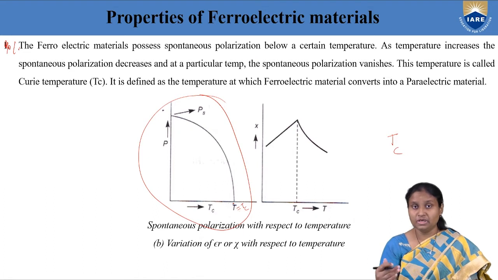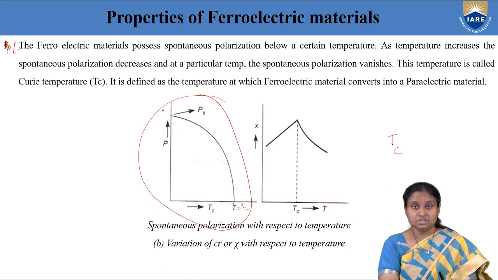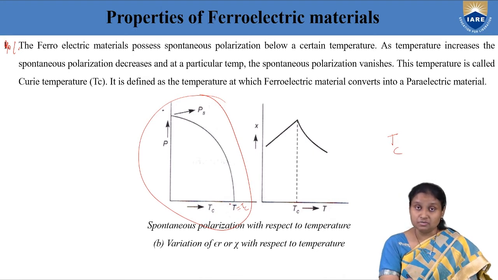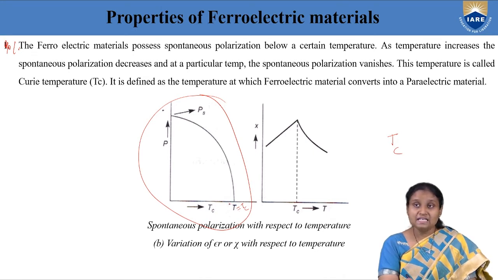Depending upon what type of ferroelectric material we take, the Tc value is going to change. So as we increase temperature, spontaneous polarization keeps on decreasing, and at one certain temperature Tc, spontaneous polarization becomes 0. And what exactly is Tc?